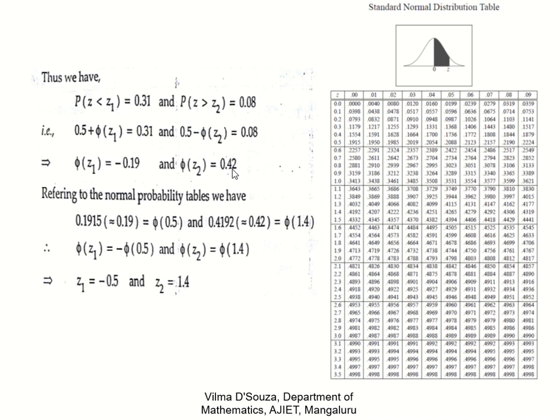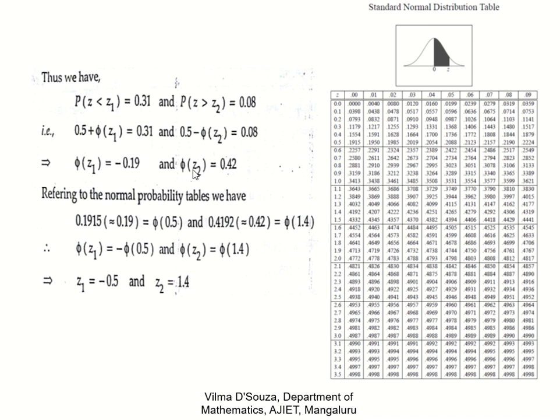And this is 0.42. This is 0.4192, and this is 0.4207. So you can even take it as 1.4 or 1.41. We will take only one decimal, 1.4.